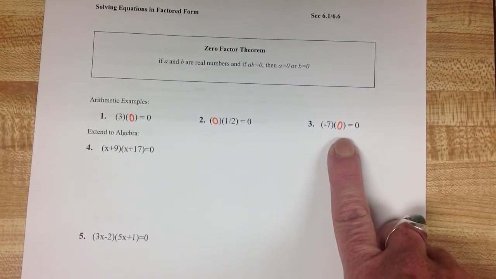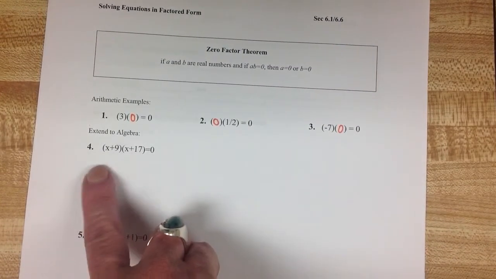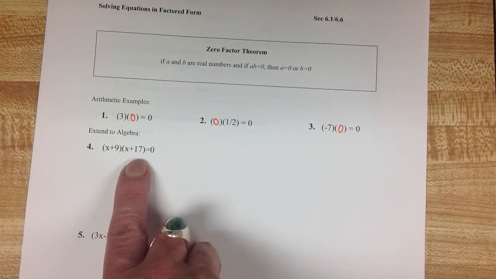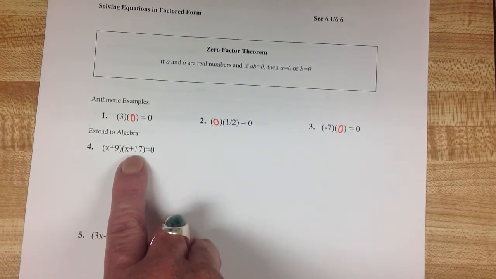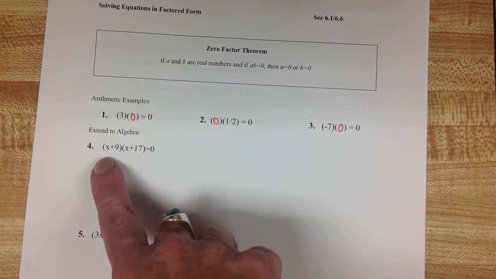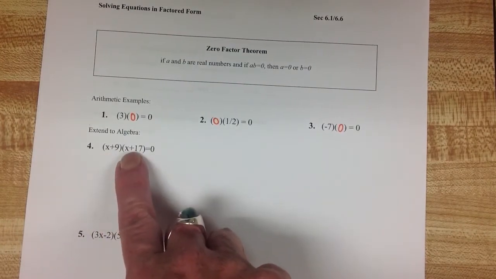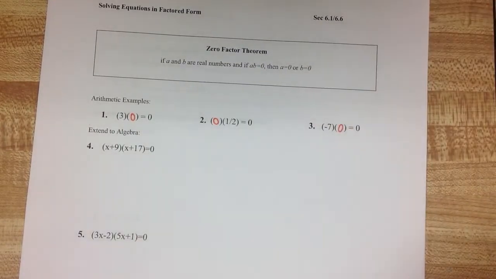So let's look at how that applies to a factored polynomial. Right here you've got a polynomial that's already been factored by grouping into (x + 9)(x + 17). If we use the zero factor theorem, we're saying that either the x + 9 or the x + 17 has to equal 0 in order for this to be a true statement.